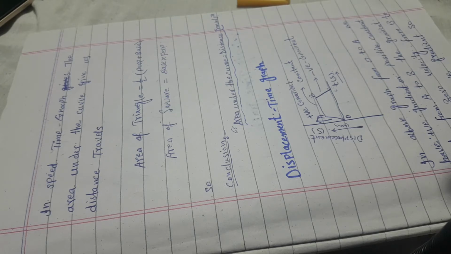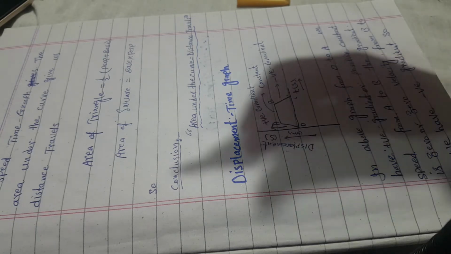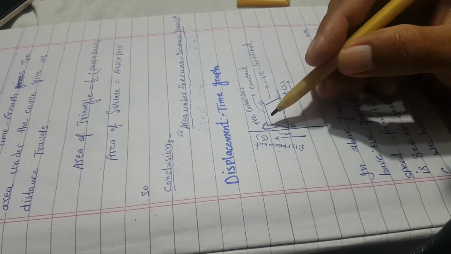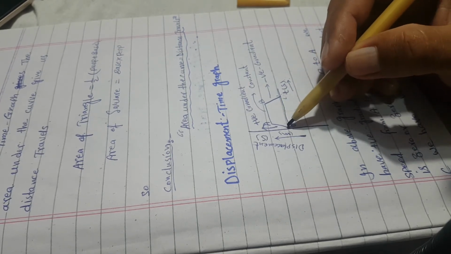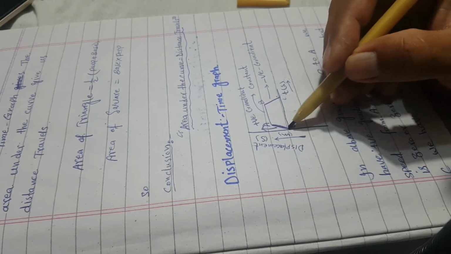So next we will discuss the displacement time graph. Let an object be moved from the origin to A with a positive gradient.